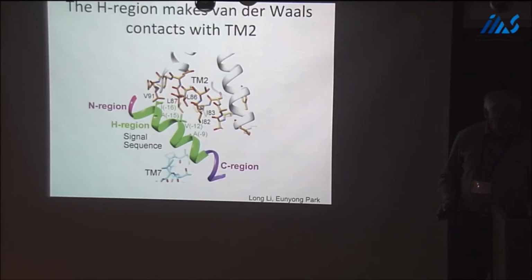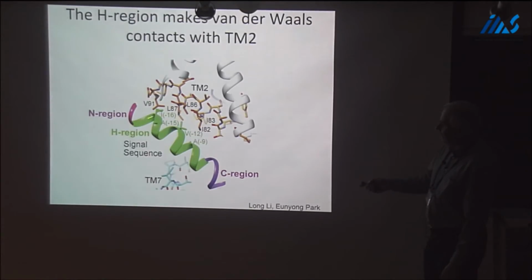It turns out that there is also interaction between the hydrophobic region and the outside of transmembrane segment 2. These are hydrophobic interactions, van der Waals contacts, and we believe that this means that there is some recognition, protein-protein interaction, that may explain why some amino acids occur more frequently in the H region than others.